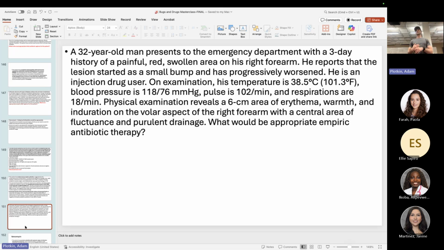The way they'll ask it on a board question is they'll make you decide between, is this an infection or is this crystalline arthropathy, like gout or pseudogout? If we do not know, you treat it as if it's an infection, right? So vancomycin plus cefepime would be a great option, or vancomycin plus ceftriaxone, for that.